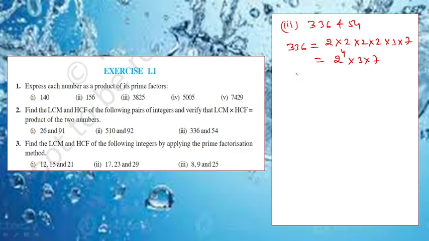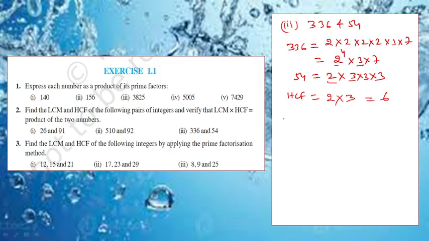Okay, then 54, so 2 into 3 into 3 into 3. Okay, so HCF will be here, 1 2 is there, so 2 into, then a 3 is there, so common, so we will take 6 as HCF.